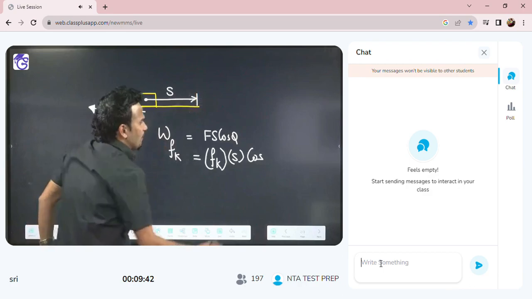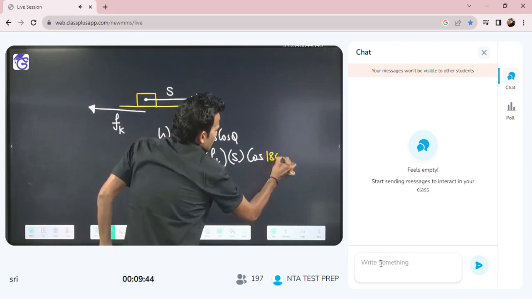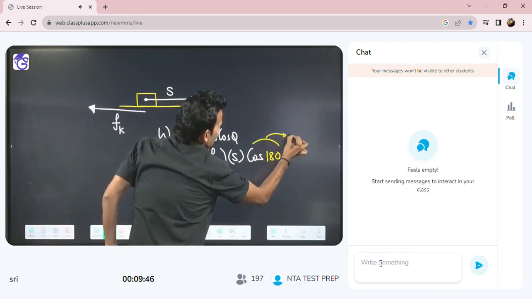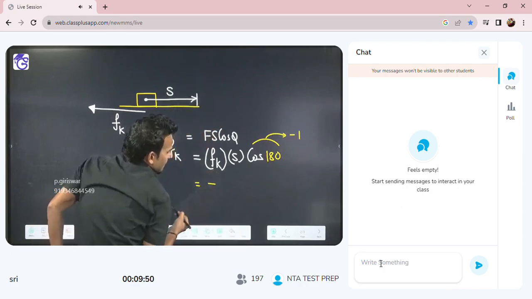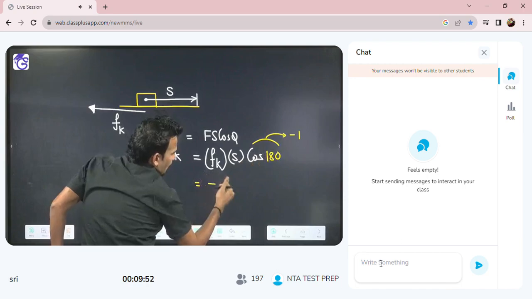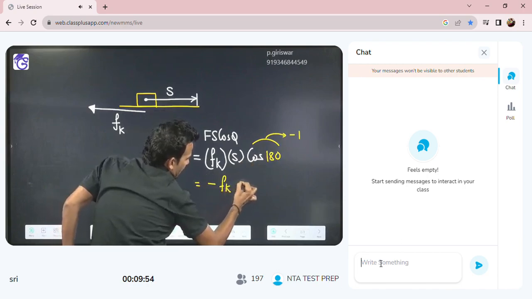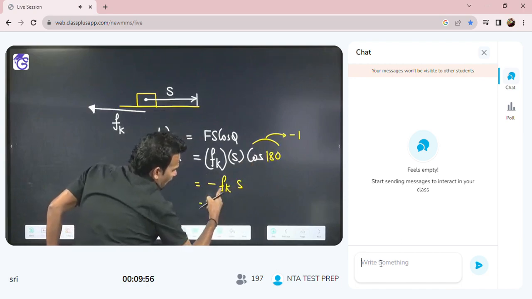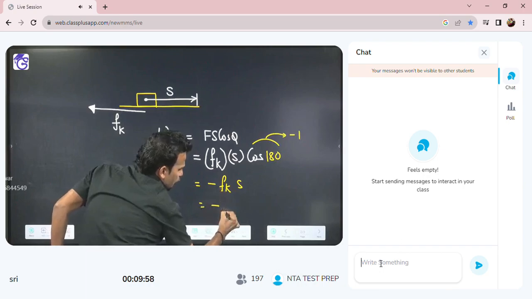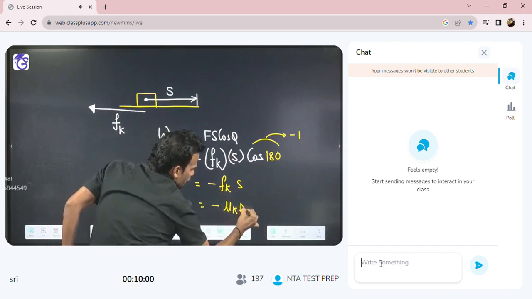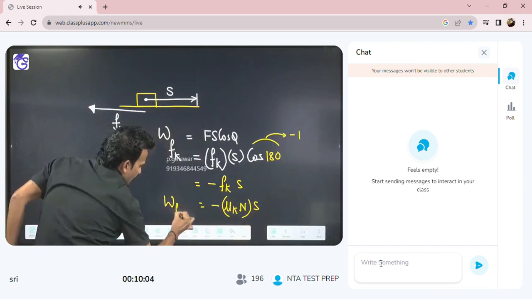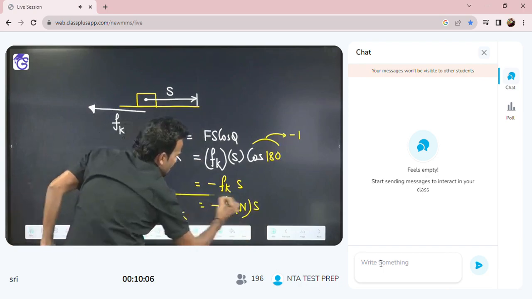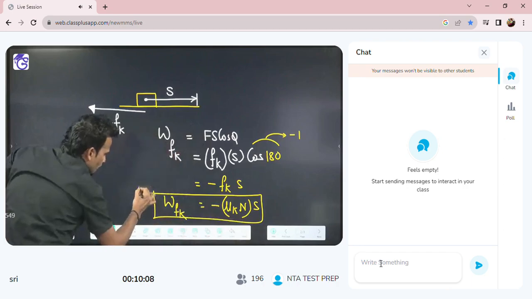So theta is 180. Cos 180 means you get -1. So the minus will come here: minus Fk into S. And Fk, kinetic friction, you know, is mu k into N, so work is minus mu k N S. This is the work done by kinetic friction, or simply you can say work done by friction also. Both have the same meaning.